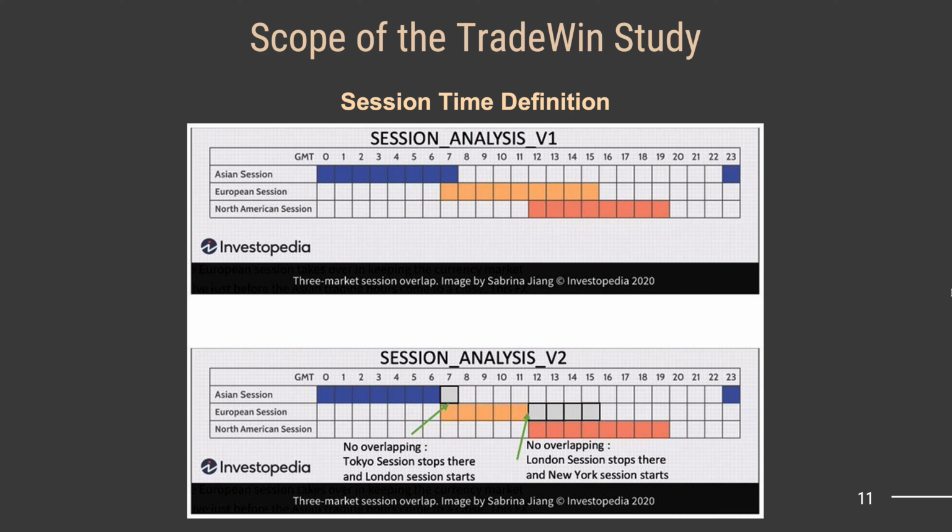We understand that this might have an incidence on the results, as London and New York share like 4 hours during the day, but I want to use this no-overlap definition of sessions. So this is what the study defines as sessions.